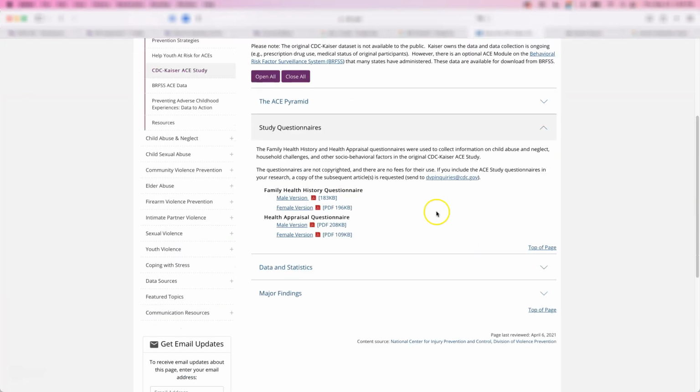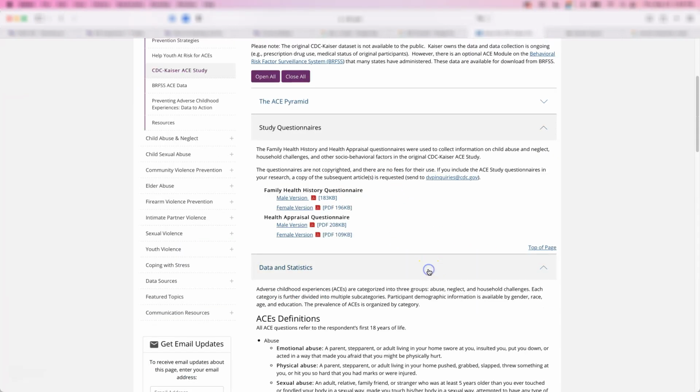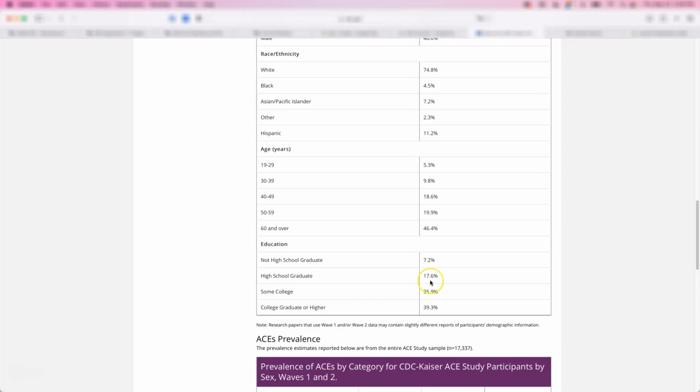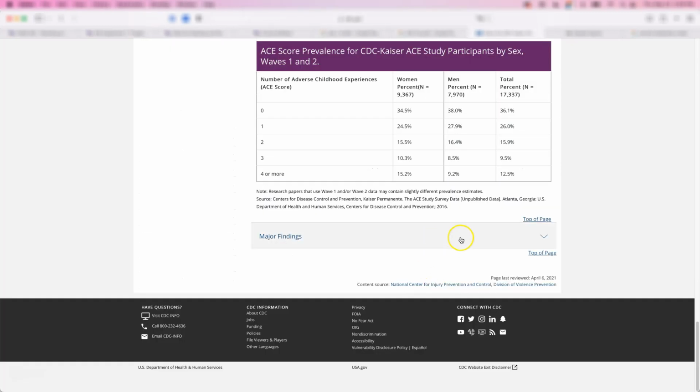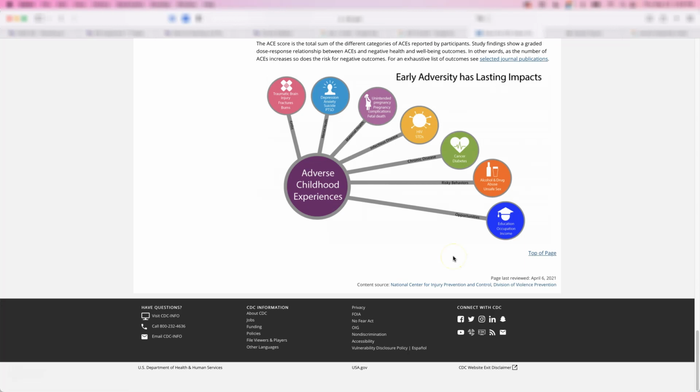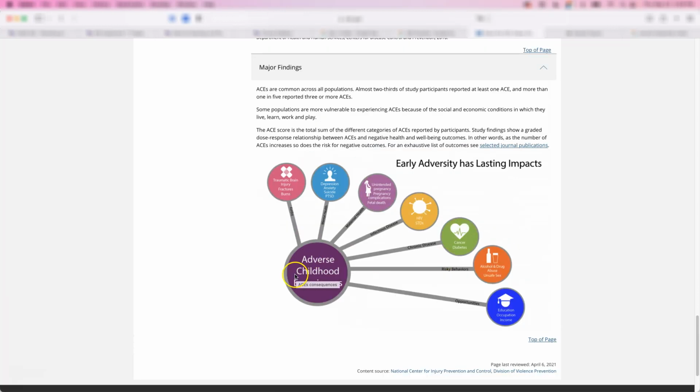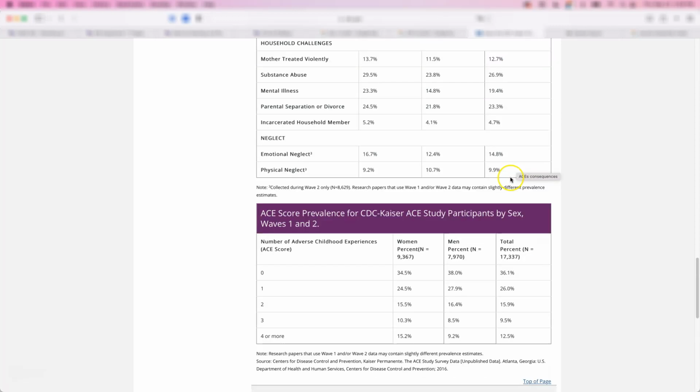Now, if we look at this and we see, okay, data and statistics, and major findings, we can look at, oh, look, there's another graphic showing the adverse childhood experiences.